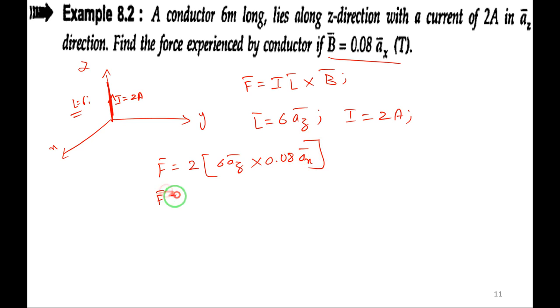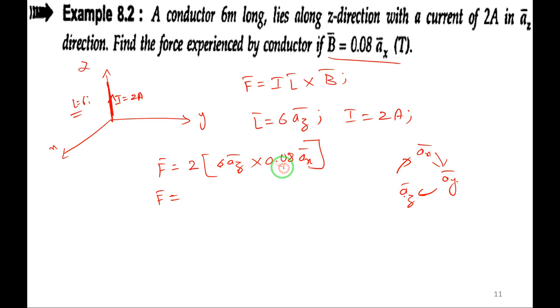Okay, so AZ cross AX I want, right? So we have AX, AY, AZ in cyclic direction. Next I want AZ cross AX. AZ cross AX is nothing but AY. So AZ cross AX is AY. So I am getting AY.